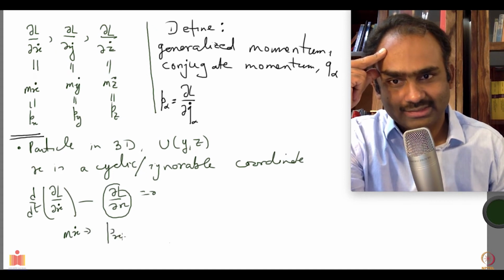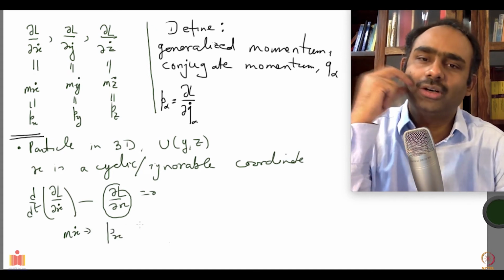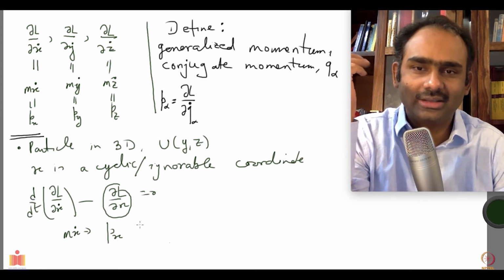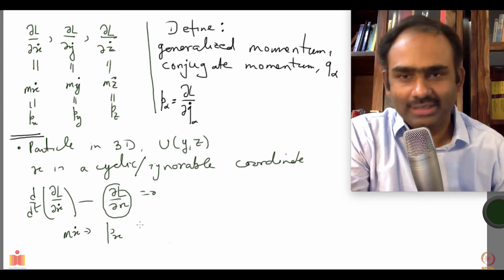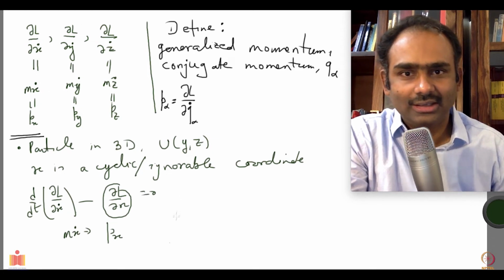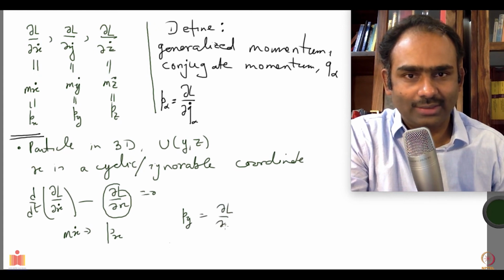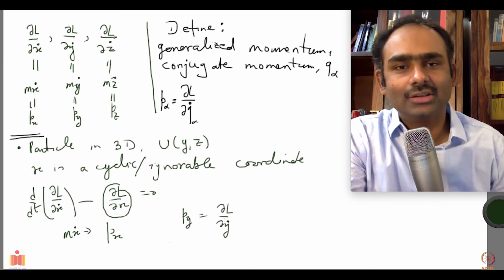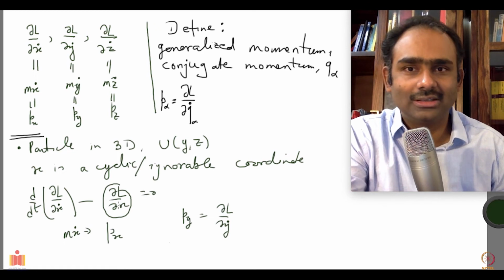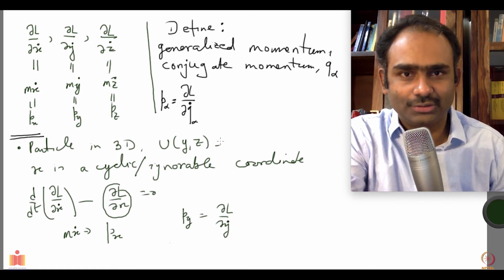So px, the component of p in the x direction, is conserved. But if I look at py, which is del L over del y dot, that is not a constant, because del L over del y will get a contribution from the potential U.